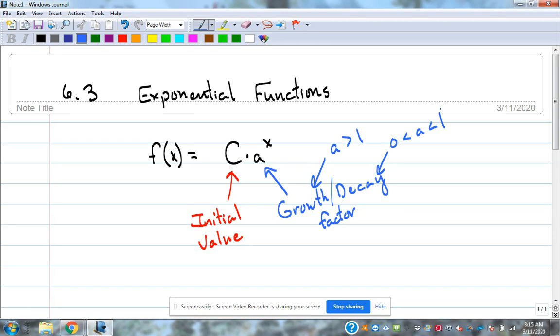Decimals and small fractions. Right. So anything bigger than 1, like an improper fraction or a whole number, that's going to be exponential growth, and anything with a small fraction in there, like 1/2, 1/3, 0.72, anything like that, that's an exponential decay. So knowing those things is helpful.